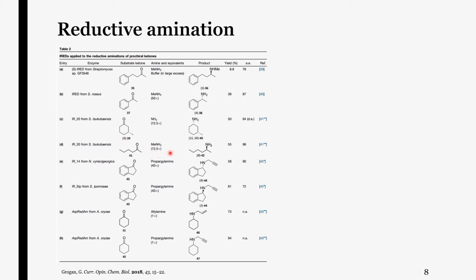They also used different kinds of amines for the reductive amination. For example, here propargylamine was used, and also in a recent study, an imine reductase was used with cyclohexanone and another amine under equimolar ratios to yield these products in rather good yield and enantiomeric excess.